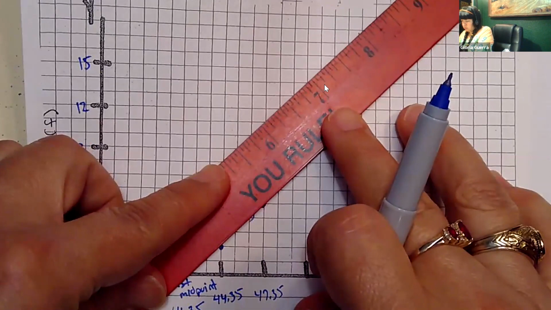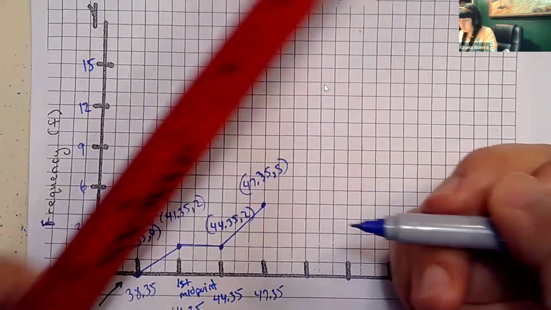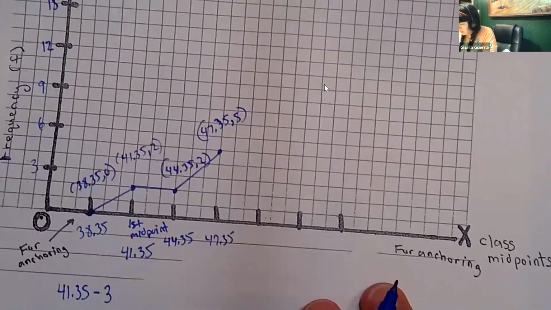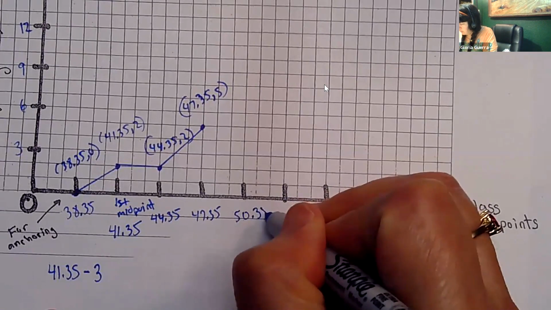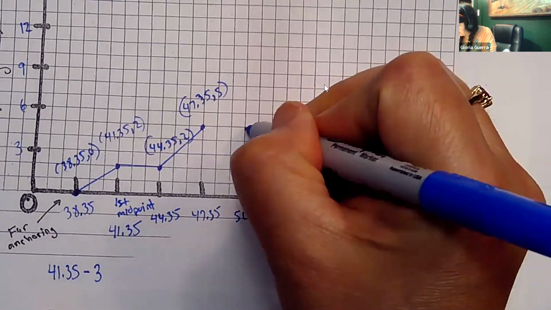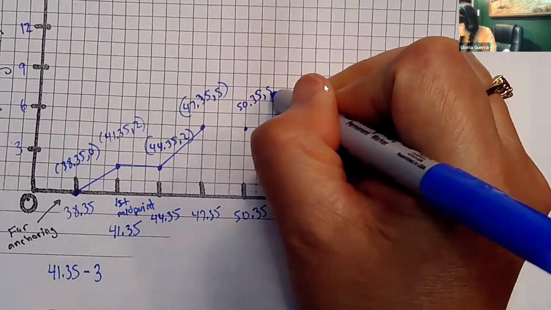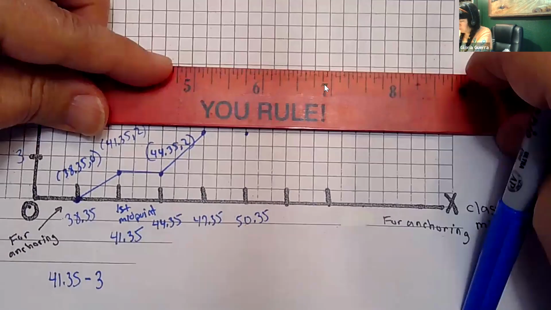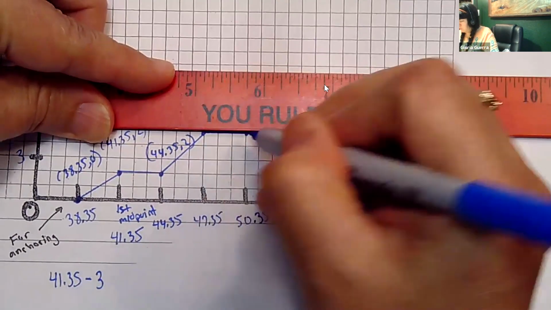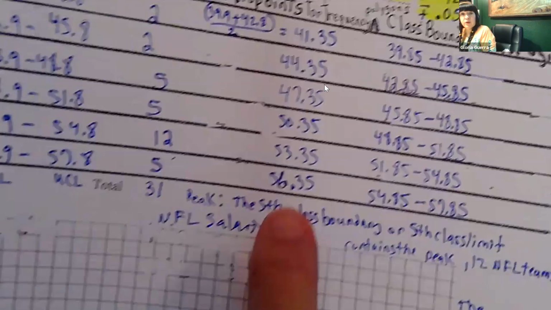It's just going to want you to pick up your mouse and drag it here. Okay, and then this next one was the midpoint 50.35, and that one was also 5. So you see 50.35 and 5.